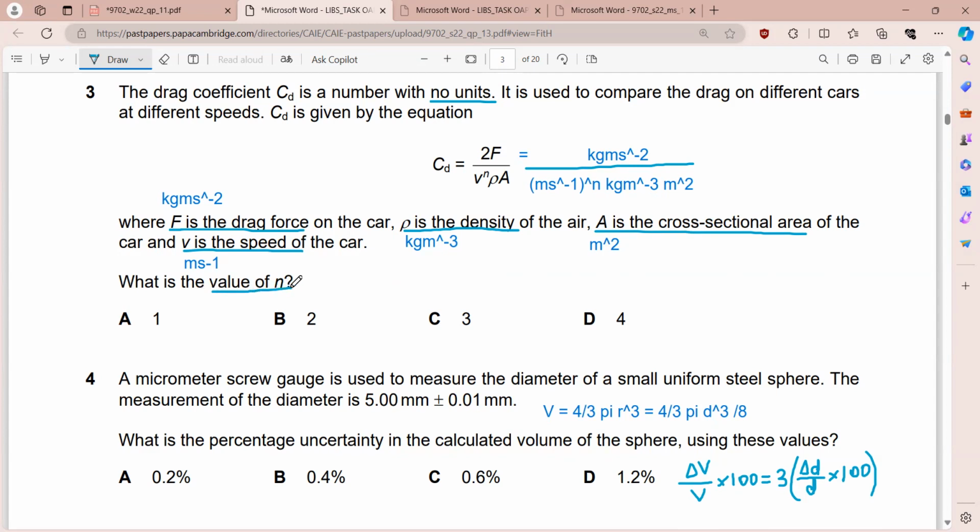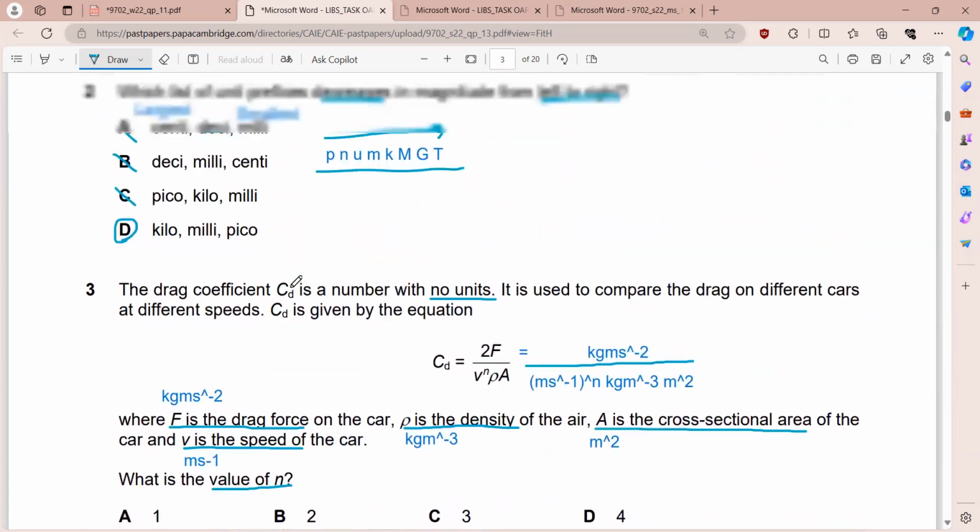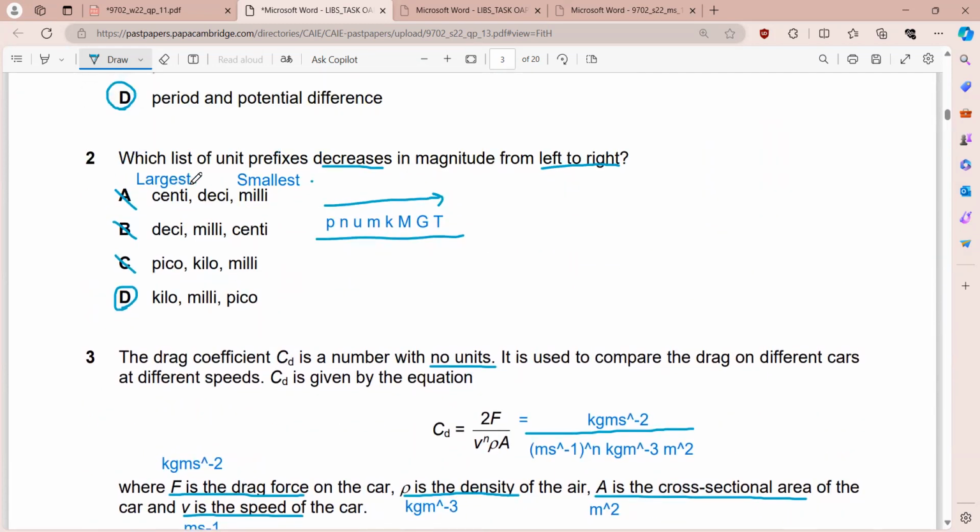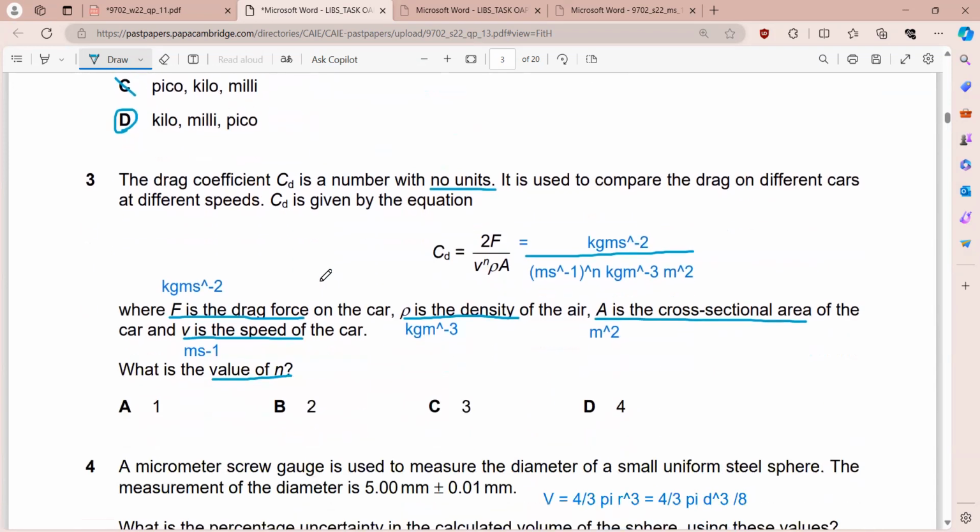Now, once you've read the whole question, I highly suggest you start jotting down or noting down some important things that you need for the question. Like in the previous question, we noted we need largest on one side and smallest on the other.